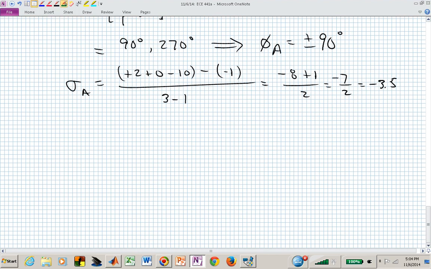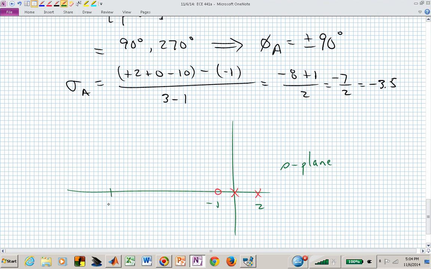Now, as I said before, typically you would just go back and put this on the pole-zero pattern that you've already created, but I'm going to do this in steps so that it's clear what's happening when. Here are now our poles and zeros.